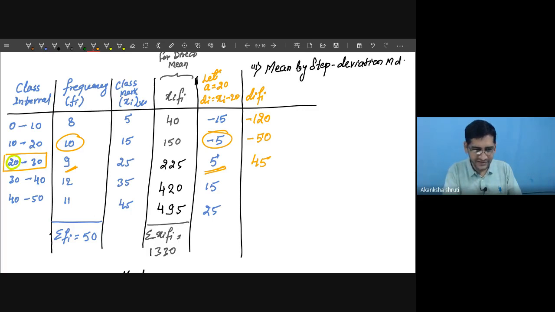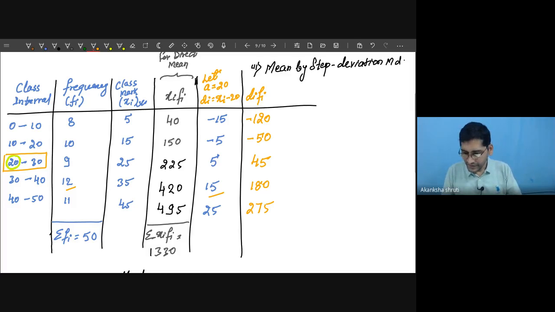The next one is 15 multiplied with 12. Multiplying this, you get 180. Next one is 25 into 11. Multiply it. It will be 300. No, 275. That's all.